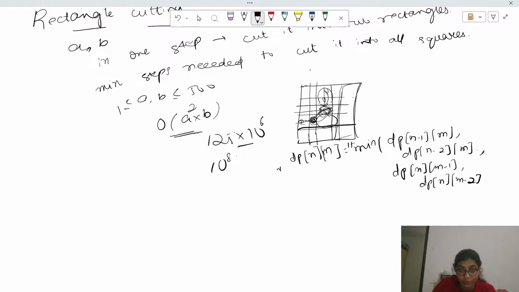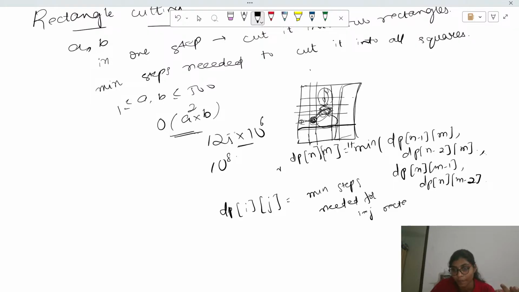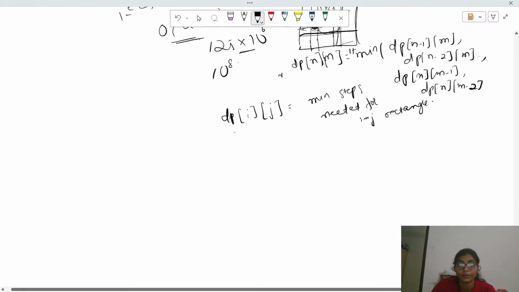What is the DP state? DP of i comma j means minimum steps needed for an i cross j rectangle, right? And the base case.